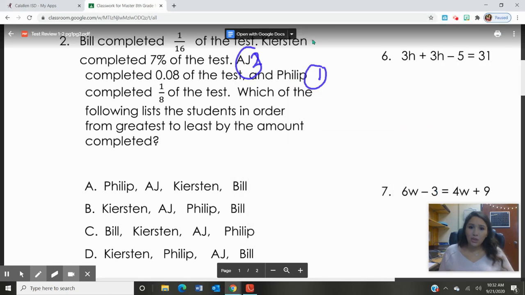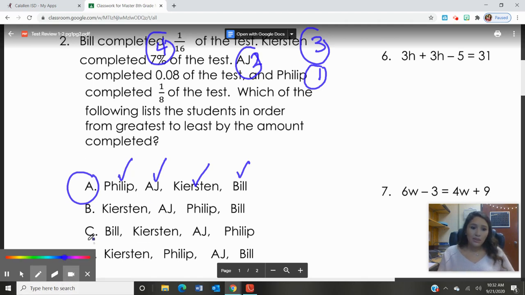So Kirsten is my third person, which means Bill is my fourth person. So the order should be Philip, AJ, Kirsten, and Bill. So it looks like A is going to be the right answer. Okay. C put them in reverse order for you.